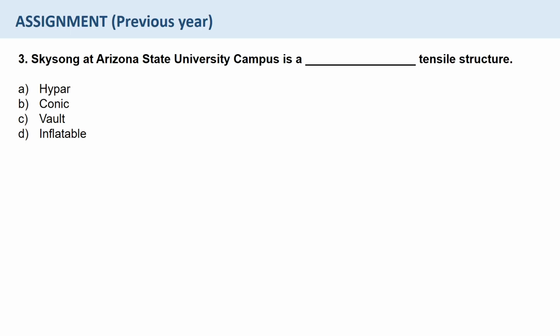Parallel arch or barrel vault structure. These symmetrical curved parallel arch designs form an incredibly functional tension membrane canopy that can span long distances such as a sports arena or smaller areas such as an entryway.